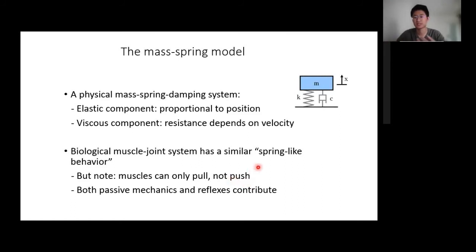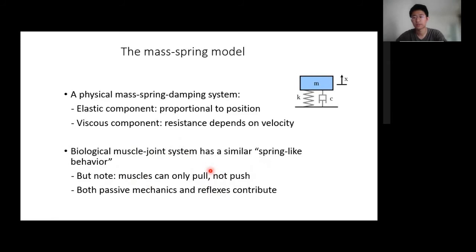In this sense, the muscle is different from a spring in the traditional sense, because a spring acts in both directions. Please take note, because in the exercise we will have a task about this point. So just be aware that the muscle is different from a normal spring.